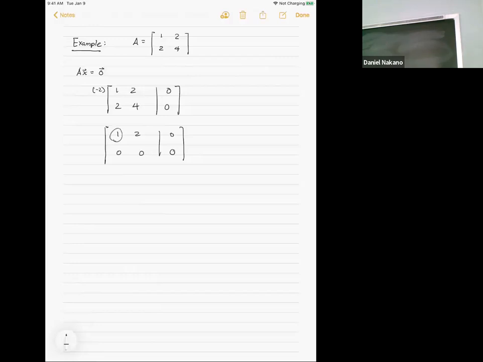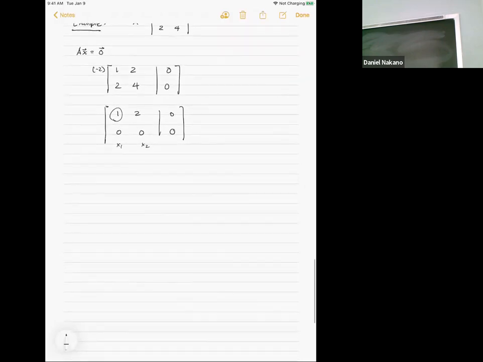Are there any free variables? This variable is x1 and this variable is x2. Which variable is free? x2. So x2 is a free variable. Let's call this t.